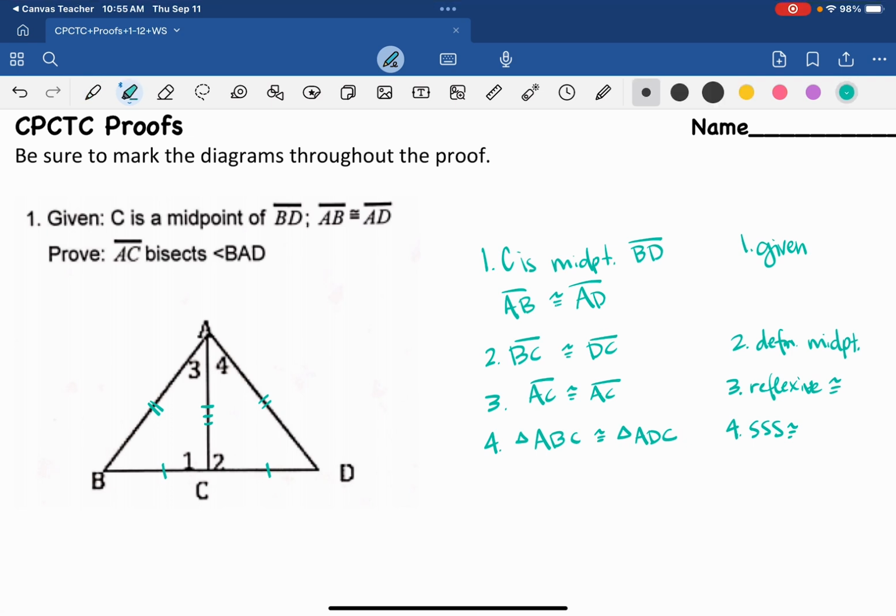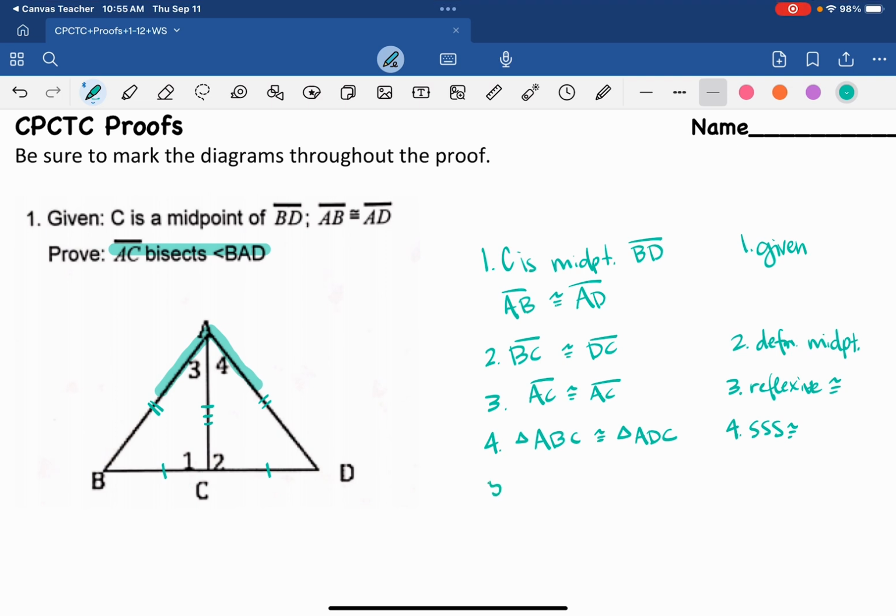Now, here's our part that's new for today. If I want to know that AC bisects angle BAD, which is this angle up here at the top, I always ask myself, what needs to happen in order for that angle to be bisected? Well, I need angle 3 and 4 to be congruent to each other.